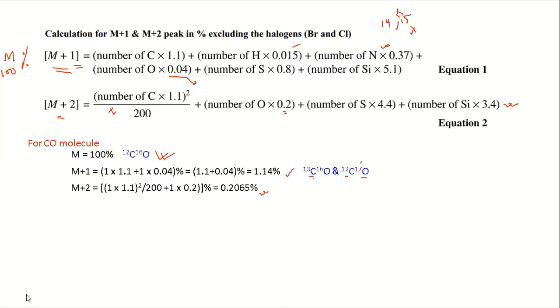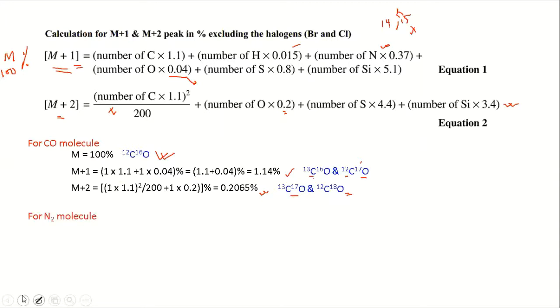And we have 13C17O, which can be plus 2, right? 13 is plus 1, and 17 is plus 1, or it can be 12C18O. So these two are contributing. That is the situation here.